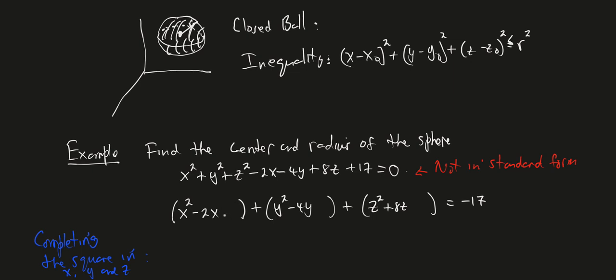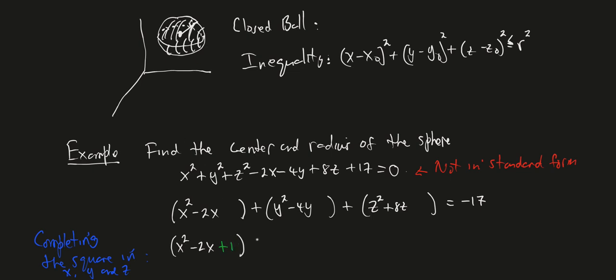That's what the constant has to be, right? So in other words, I am going to take half of negative 2, which is negative 1, and then I'm going to square it, and I'm going to write that in, so that becomes a plus 1, right?